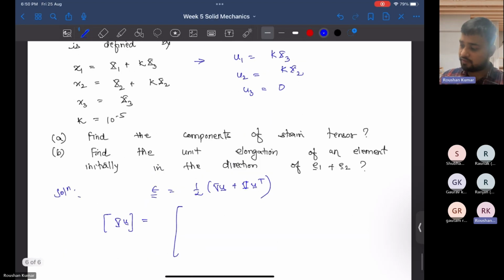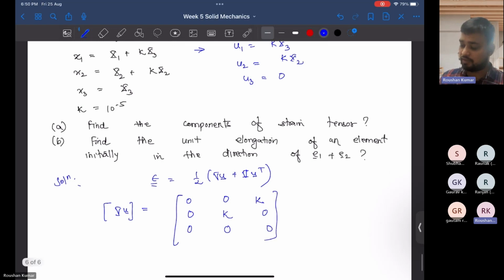So del u1 over del x1 is 0, del u1 over del x2 is 0, del u1 over del x3 is k. Similarly, del u2 over del x1 is 0, del u2 over del x2 is k, del u2 over del x3 is 0, and del u3 over del x1, x2, x3 are all 0. So this is the value of grad u.